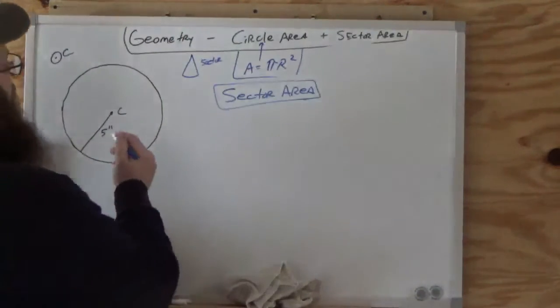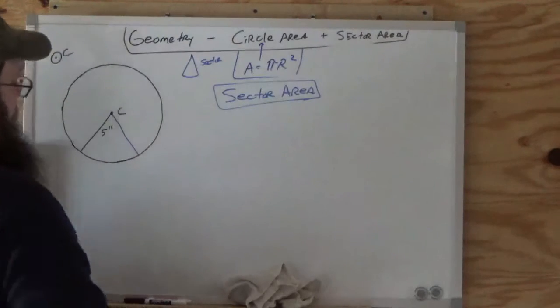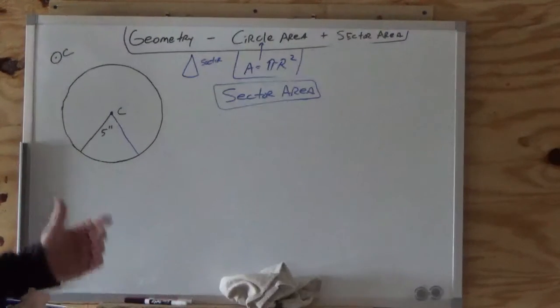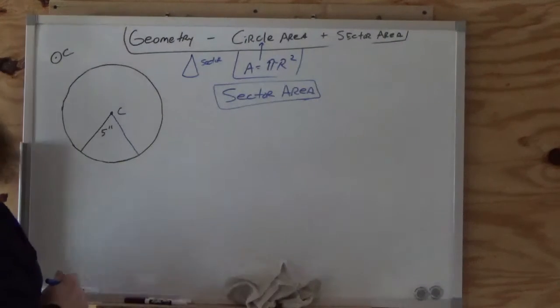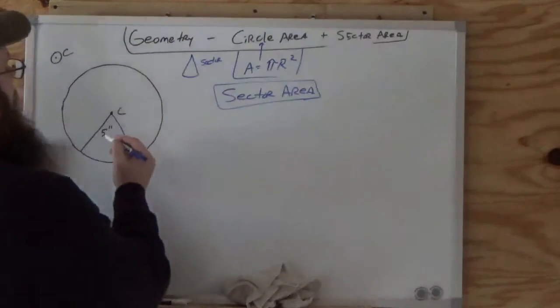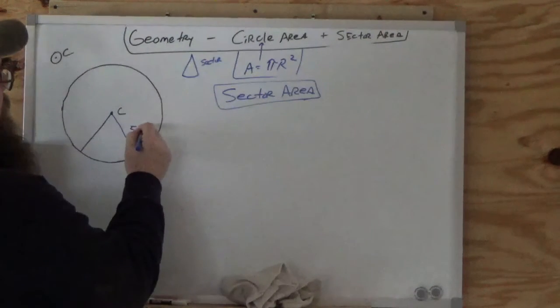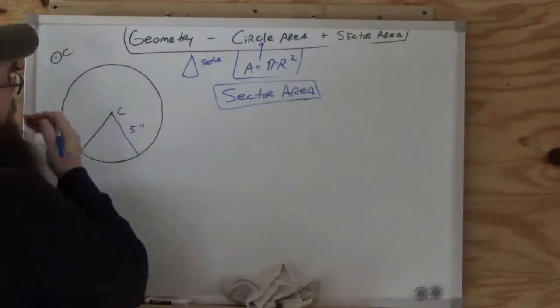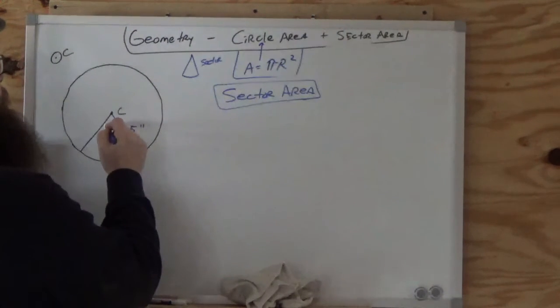So here's what we have to do. We got to put in that. How big do we want that? What angle do we want there? I don't know. I just want to move the 5 inches out here. How big do we want that angle to be? It looks like it's close to being a right angle. So let's call it 75 degrees.